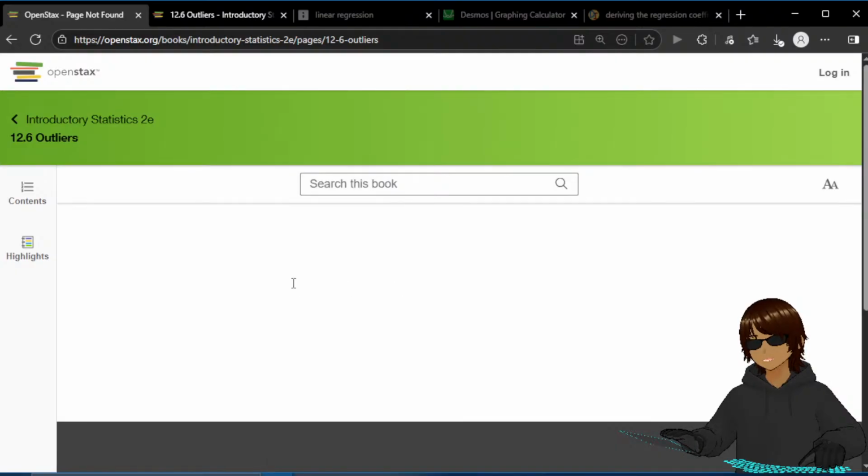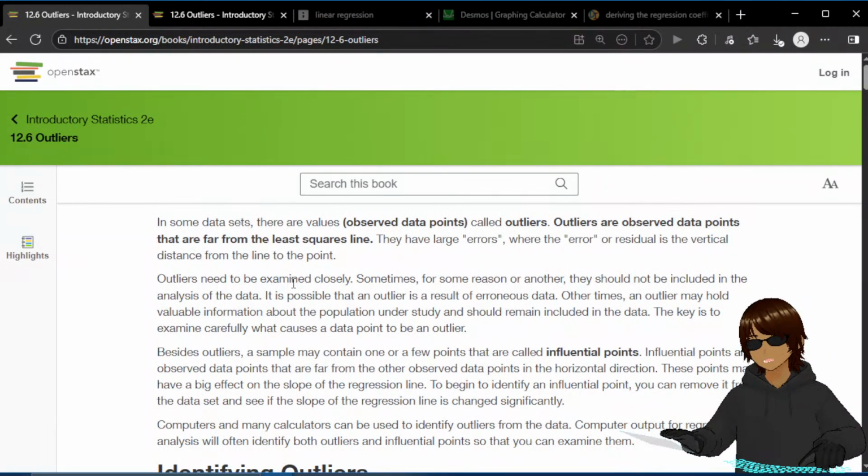Finally, outliers. In some data sets, there are observed data points called outliers. Outliers are observed data points that are far from the least squares line. They have large errors, where the error or residual is the vertical distance from the line to the point.